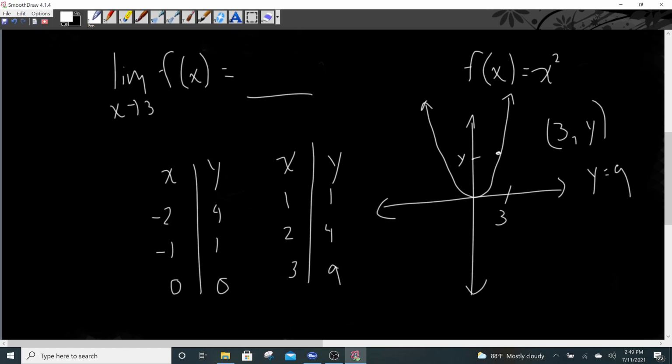So if we think back, we have in our weird definition explanation thing that I did a couple minutes ago now, we have x approaches c. We have defined our c as 3, and the L right there is the y value 9.